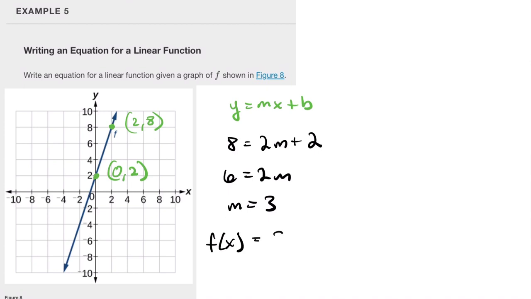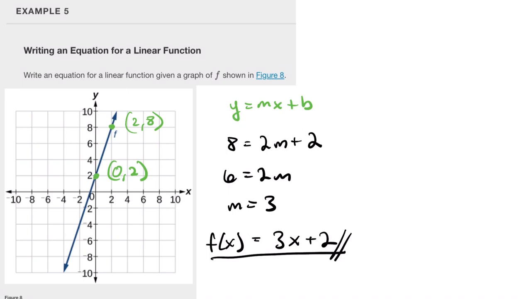Our slope was 3x and our y-intercept was 2. So our claim is that this is the equation of the function. When x is 0, we get 2. When x is 2, we get 8. Another point, when x is negative 2, that's a negative 6, so we get negative 4. It looks like it's working out, right?